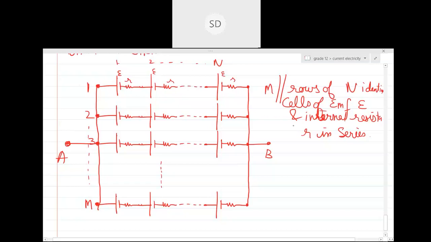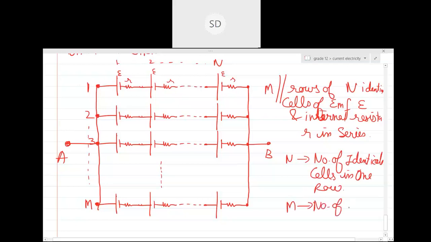Here n is the number of identical cells in one row, where m is the number of rows in parallel. Is this clear, guys? Any doubt? This thing is basically called a battery grid.